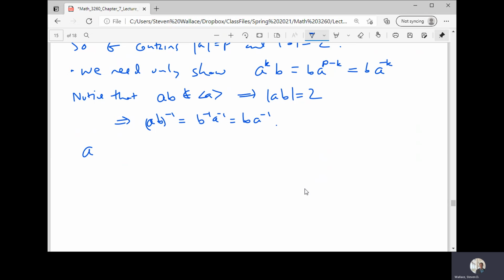Because if we do A to the K B, once again, it's not in the subgroup generated by A. These are the rotations, so this is a reflection. This means that this guy has order 2.